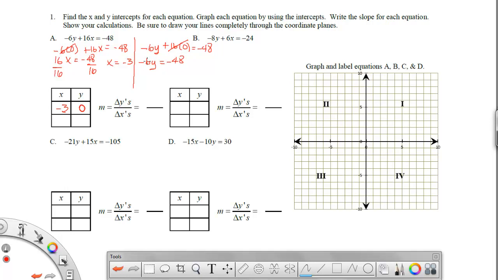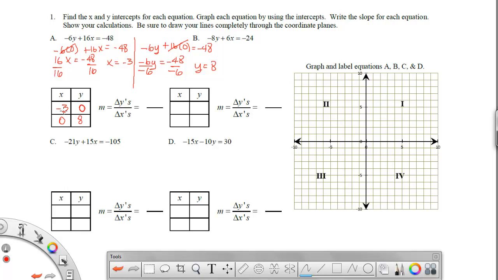Again, we want to turn this to 1y. 1 can be written as a negative 6 over a negative 6, correct? So I'm going to divide by a negative 6 to each side. So now y, when x is 0, becomes a negative 48 divided by a negative 6, which is 8.